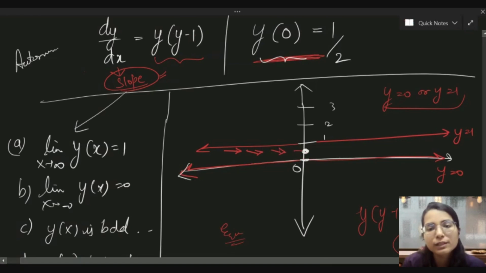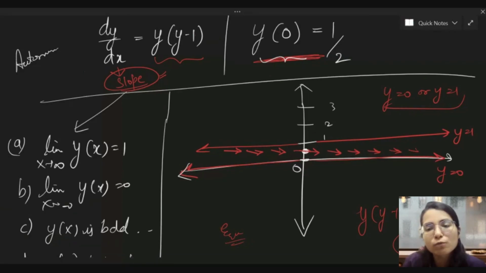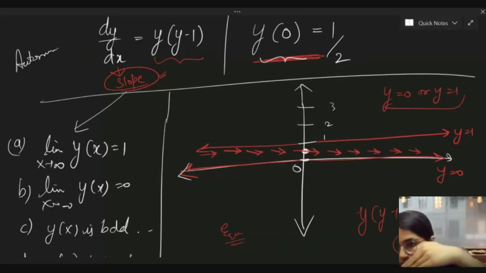I have been making these arrows to give you an idea. These arrows are called slope fields. You will get the theory in detail in my notes. This graph is decreasing now. In this particular region from 0 to 1, the solution is decreasing.